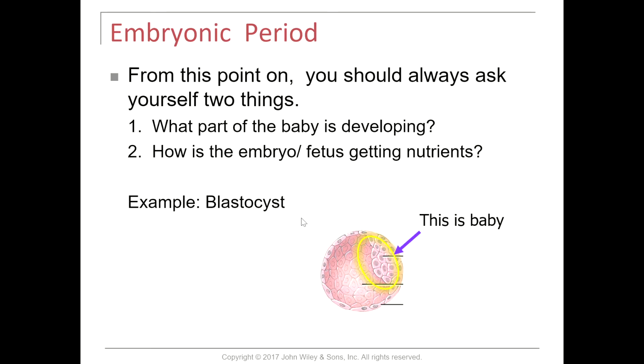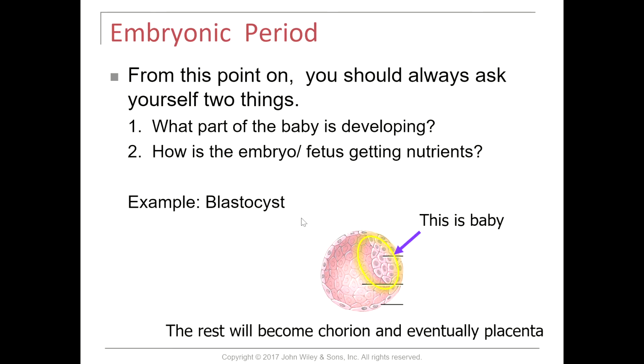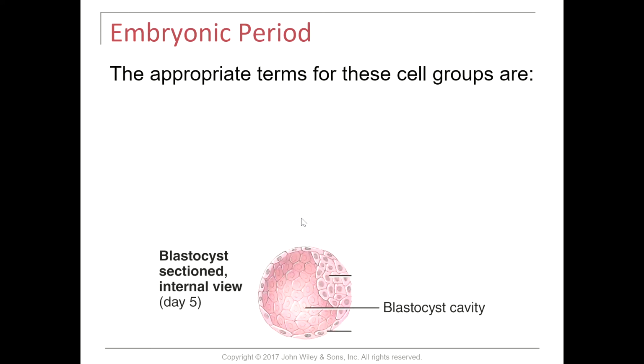This is the inner cell mass. The rest of it is going to be called the trophoblast, which is eventually going to become interacting with mama's cells, eating away at mama's cells, moving away, reorganizing it, and hopefully setting up a support system that it's going to need. We do need to name these cells in their appropriate names.